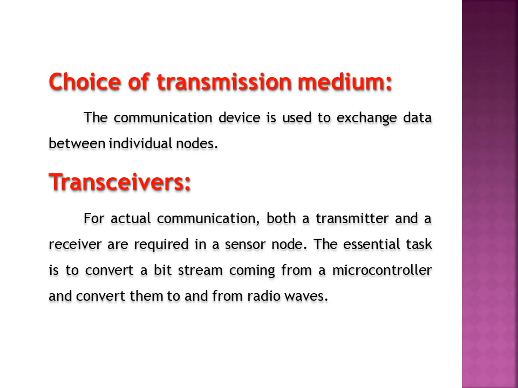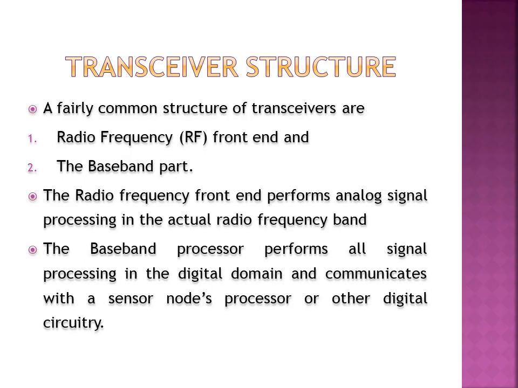The essential task is to convert a bit stream coming from a microcontroller to and from radio waves. Transceiver structure. A fairly common structure of transceivers is the radio frequency, that is RF, front end and the baseband part.